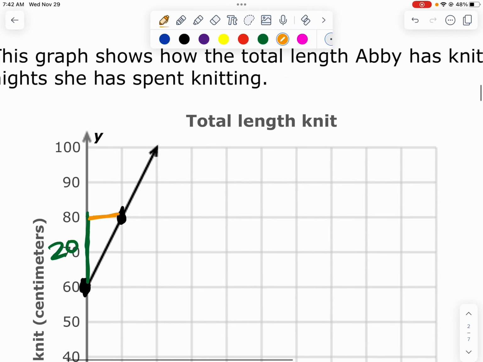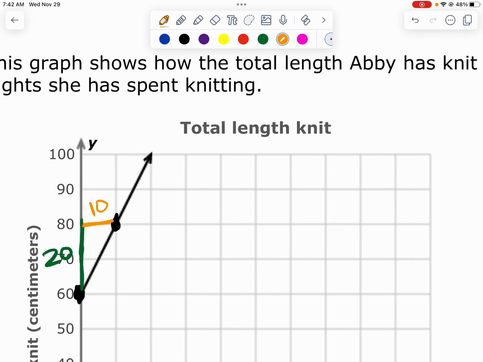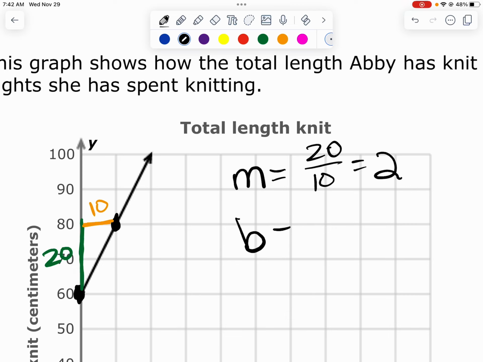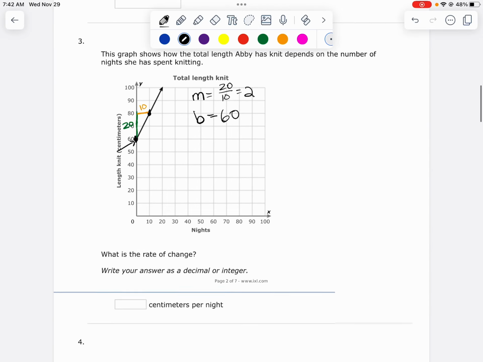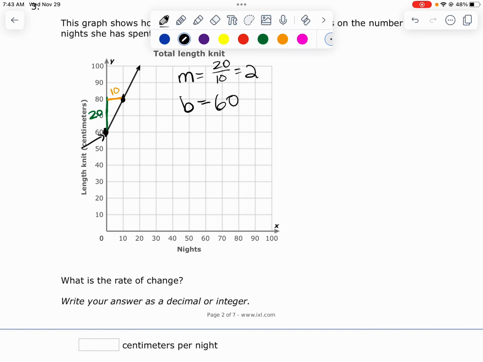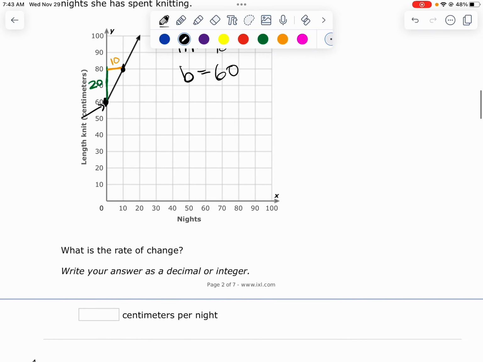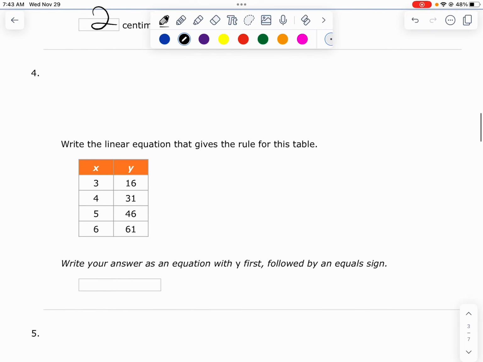Oh, these are going up by tens. So the slope on this is going to be 20 over 10, which is 2. The b value is where it hits the y-axis, which is 60. Oh, it just wants the rate of change. So 2 centimeters per night.